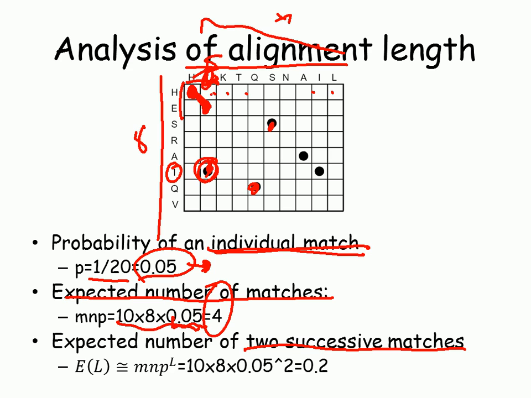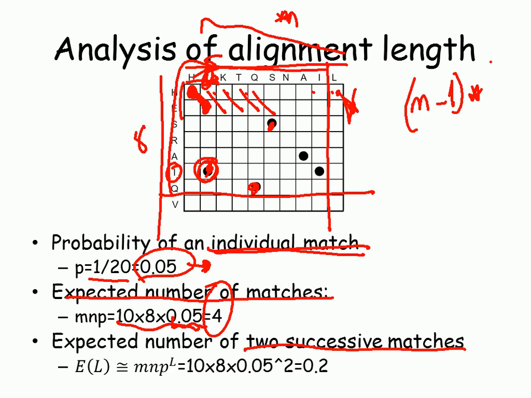So I could have one there, one there, one there, one there. Let's now focus on the starting positions of these 2 hits. I can't have any in this last column because if I start from here, I need another one over here, so I can't have that. And I cannot have any in the last row. So the number of starting positions I can have is the length of the first protein, m-1, multiplied by the length of the other one, n-1.